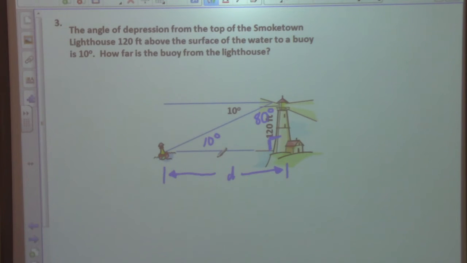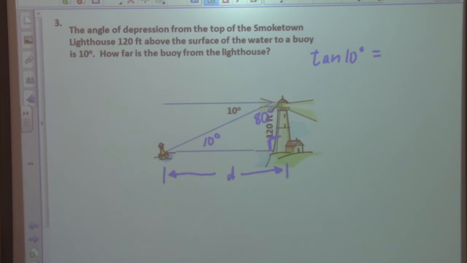Tangent. Say tangent, can you do tangent? Tangent of which angle? Tangent 10 degrees, okay.